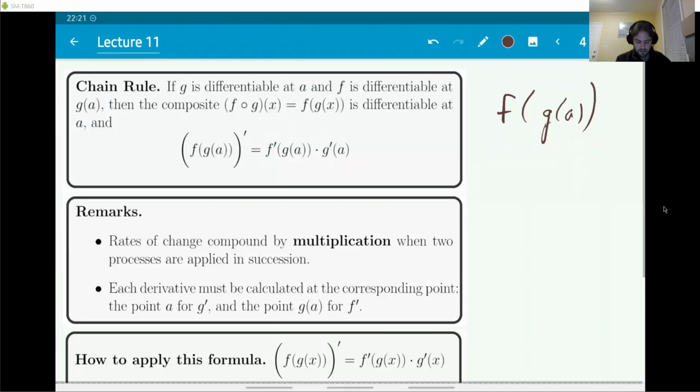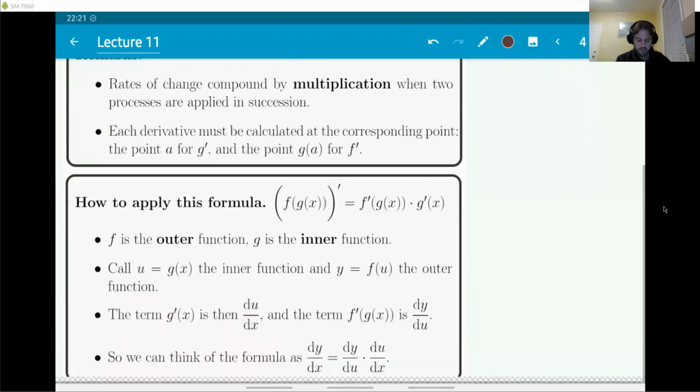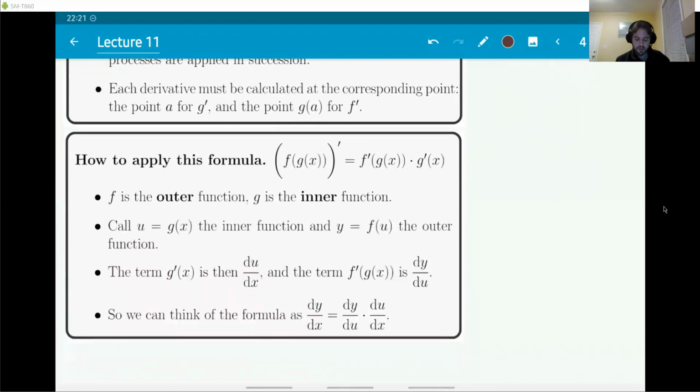But the last thing here, how to apply this formula? Here is the formula again. I'm just applying it at any x instead of A. We're actually rarely going to use this form of it. We're gonna write a different form that's easier to use, easier to remember. But I want to walk you through this process here. Here's how you think about this formula when you're taking a derivative with the chain rule.